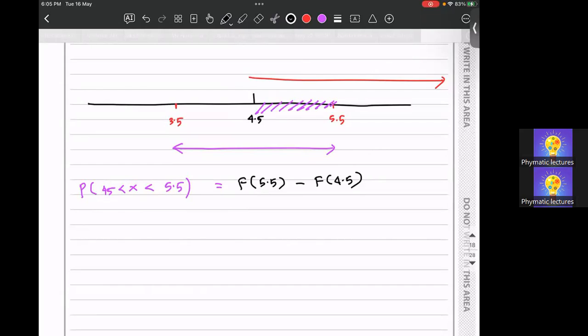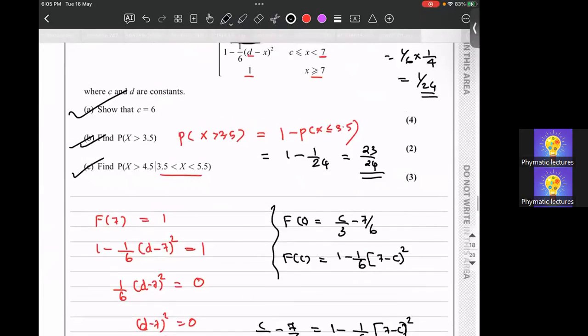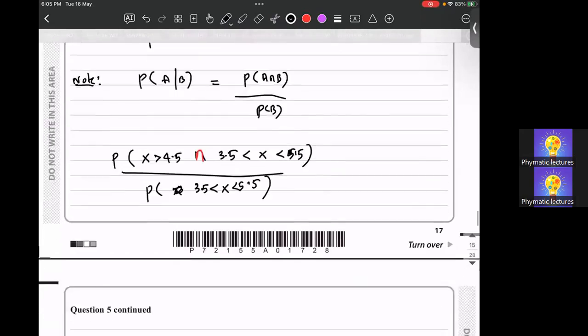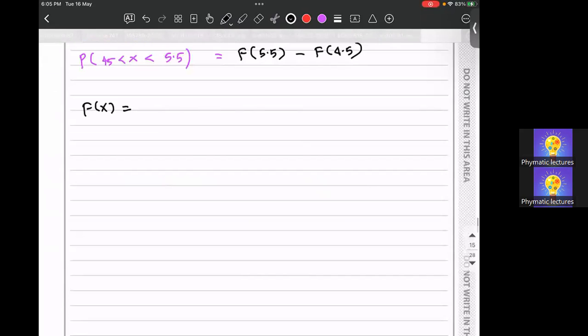So what is the equation of F of x in that particular region? See this, x by 3 minus 7 by 6. So x is 5.5. I'm just calculating first F of 5.5: 5.5 by 3 minus 7 by 6.